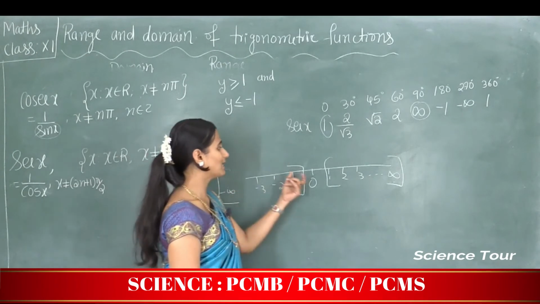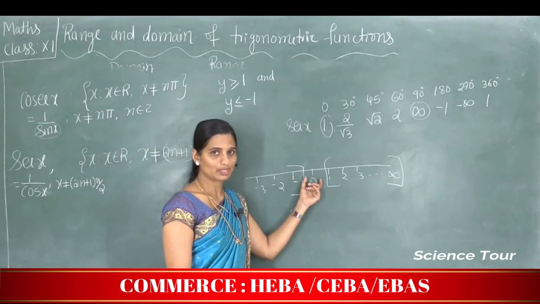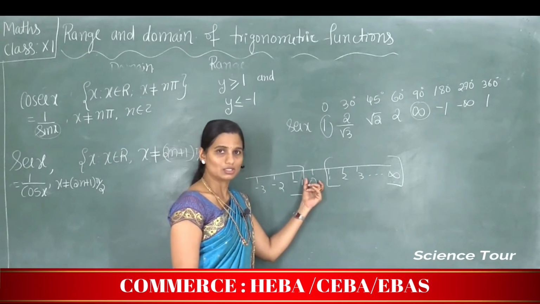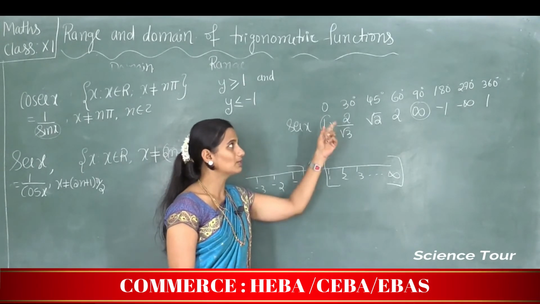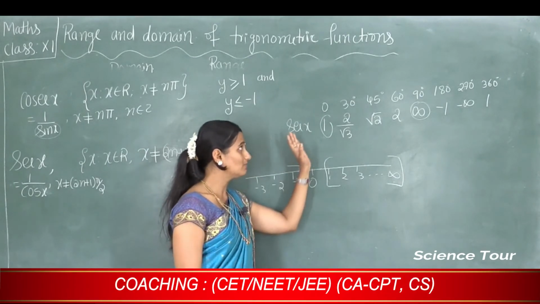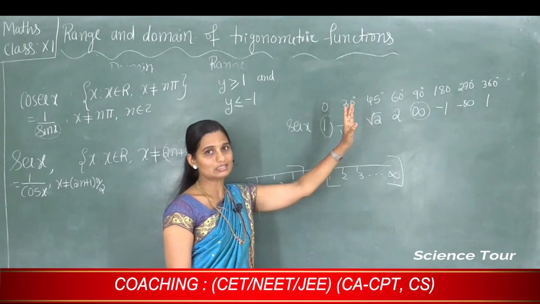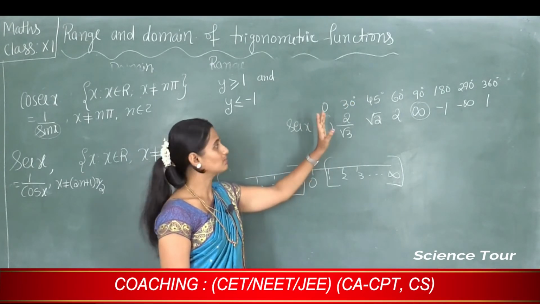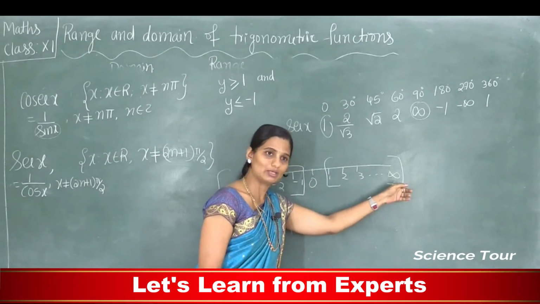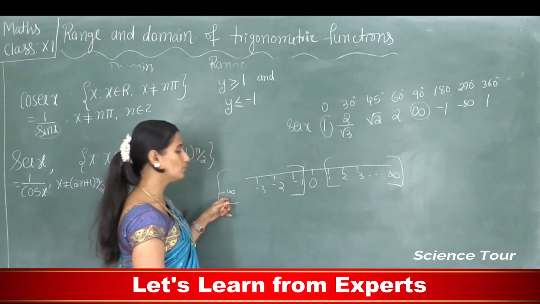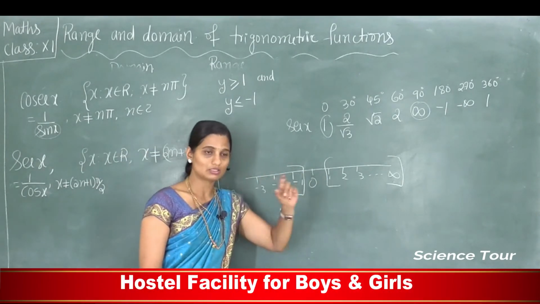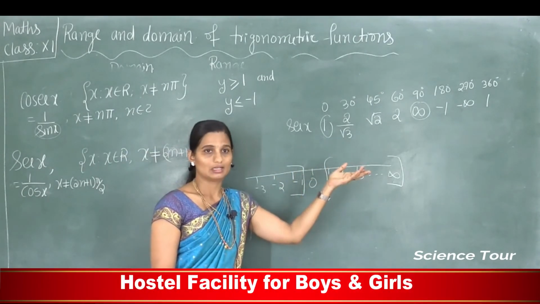So for any angle, are you getting 0? No, right? At this point there is no value, which means we don't get 0 for any angle. Whatever angle you substitute for secant, the values are within 1 to infinity and minus 1 to minus infinity. How to write this?